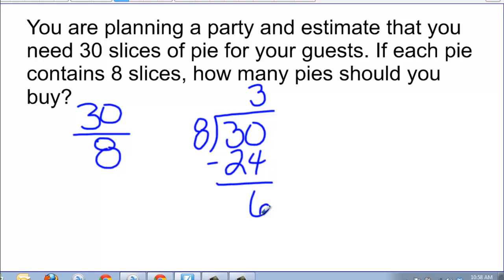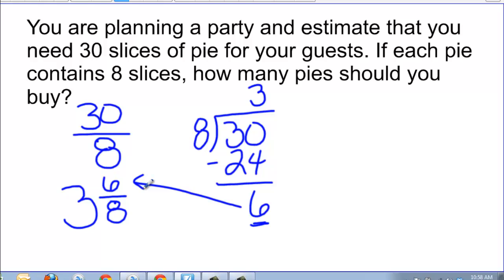So 8 goes into 30 3 whole times. And now I'm not dealing in decimals, I'm dealing in fractions here. So I'm actually going to keep this remainder and use it as my numerator of my fraction here. So I've taken the remainder and made that the numerator.